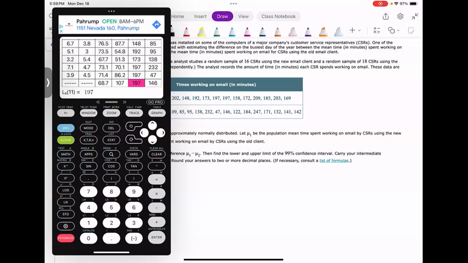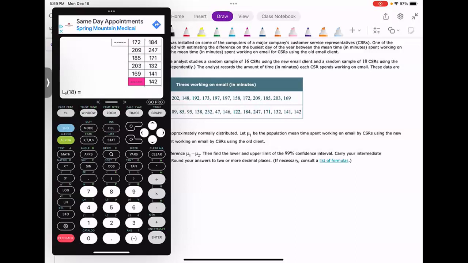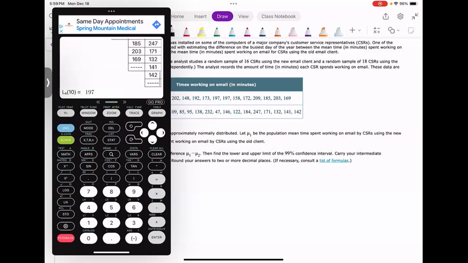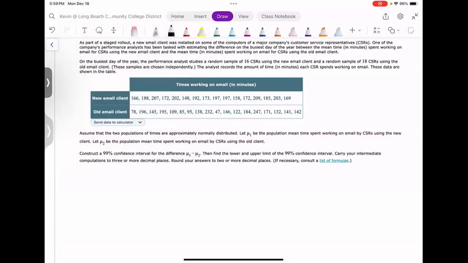Nope, now I have too many 197s, so I'm going to delete that. So 16 and 18. Well, I have the answer in front of me, so we'll see if I messed that up or not.